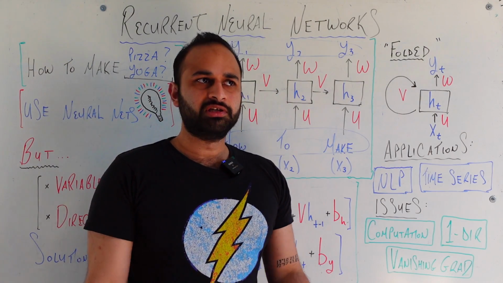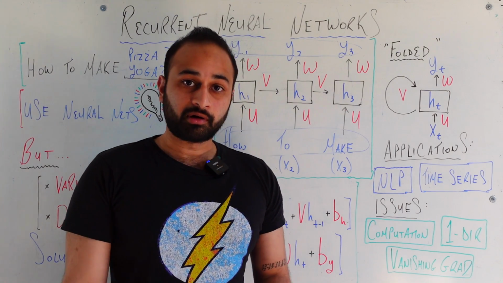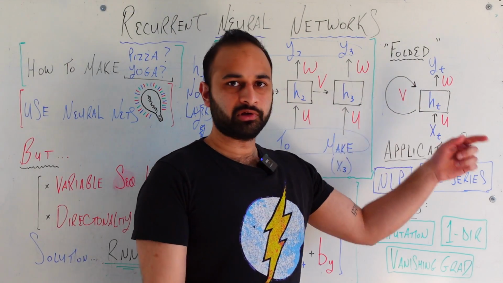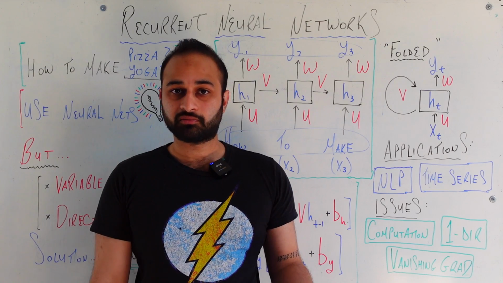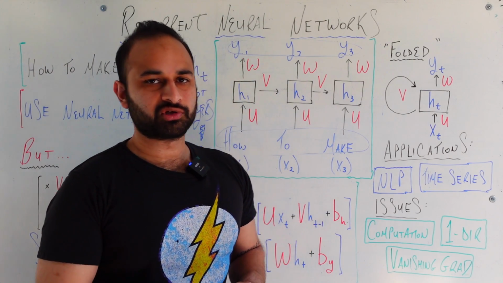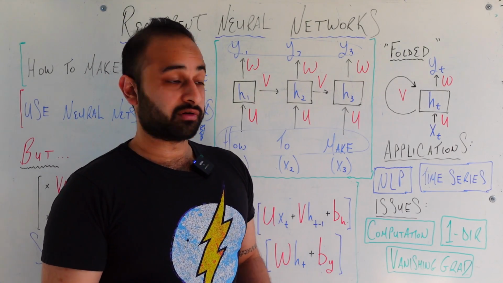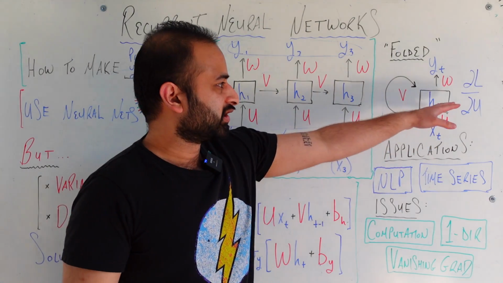Another way to see this computational issue at a high level is when you think about how we actually learn the weights in the network. We have 3 sets of weights: U, V, and W. And as we learned in the neural networks video, we typically just use backpropagation. Here, if I have a loss function L and I'm trying to find what to update for the weights U, I would take the derivative of the loss function with respect to U, right?